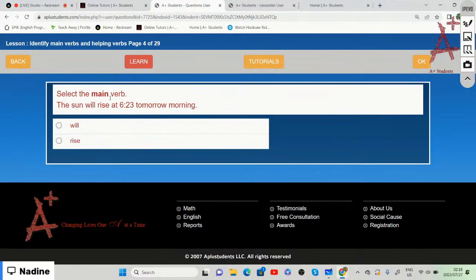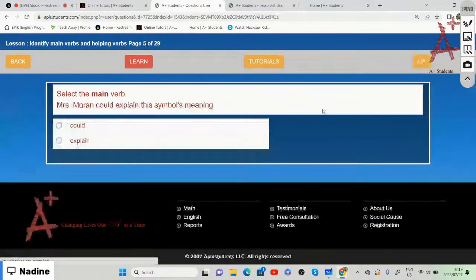We need to select the main verb within the sentence. And remember, we said a helping verb comes in front of the main verb. So we need to select the main verb. Is it will or rise? All right, let's go with rise. Rise is the main verb within that sentence.